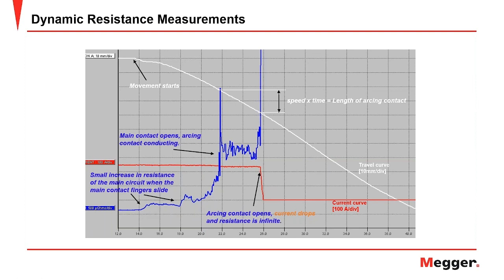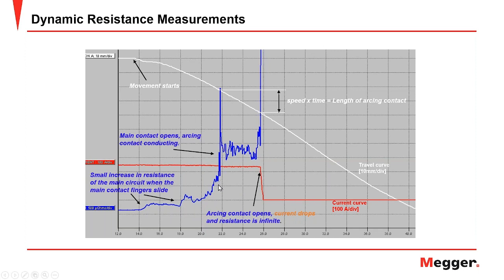the contact will practically have the fingers sliding along the fixed contact, we have a variation, a normal variation of the contact resistance to the point where the contact resistance value jumps to a higher value.